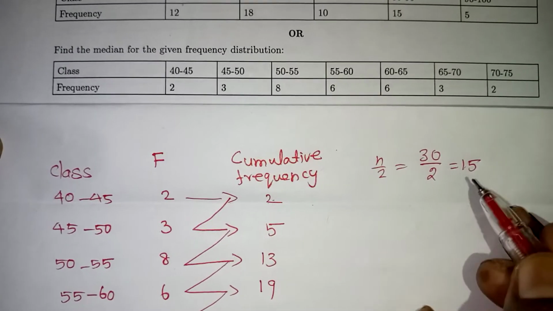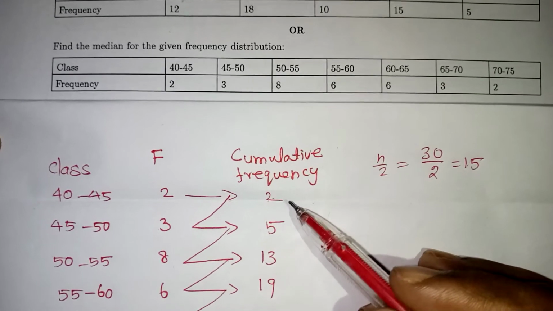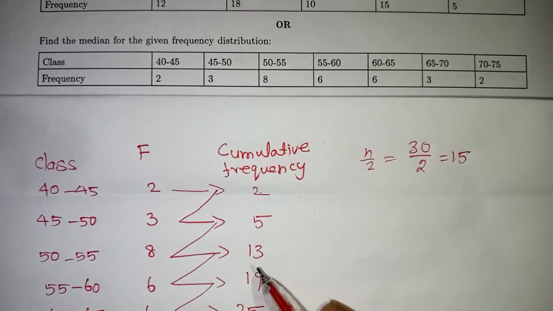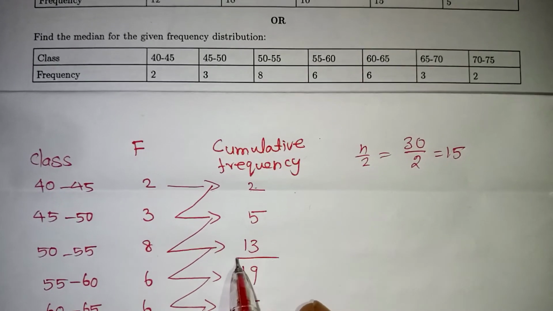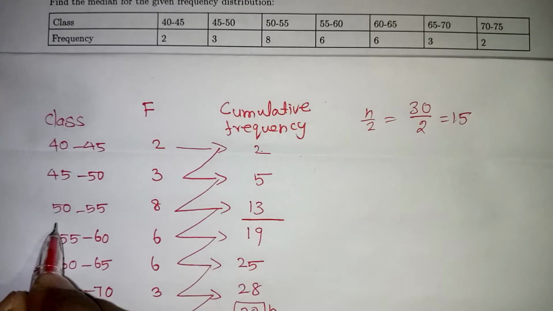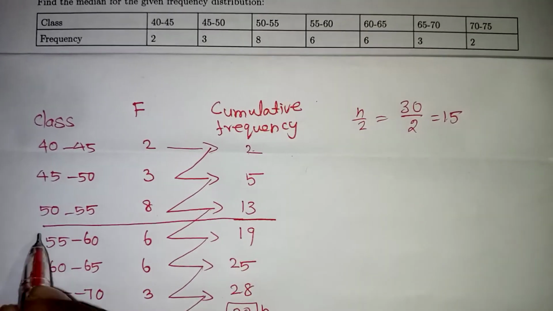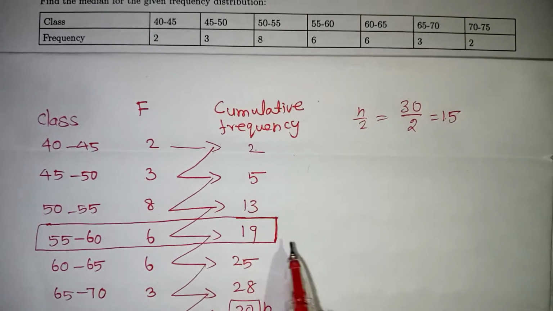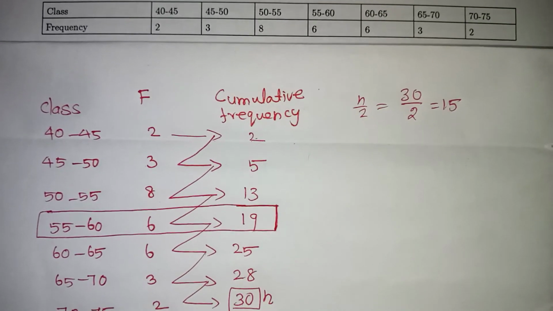Now we have to find out 15 lies between which two numbers of CF, cumulative frequency. 15 lies between 13 and 19. So in this bigger number we have to select. So 19 we have to select. Now this box is the median class. In this median class we have to take the first number.